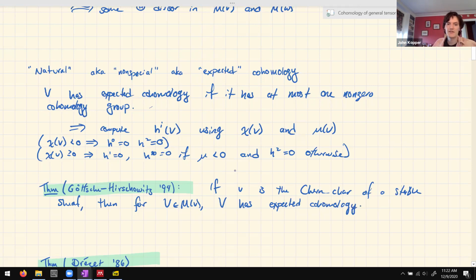So this kind of justifies me also calling this non-special cohomology. The cohomology of the general element of the moduli space is this expected thing, where at most one cohomology group is non-zero. This is, of course, not necessarily going to be true for general tensor products, but we can hope that it is.